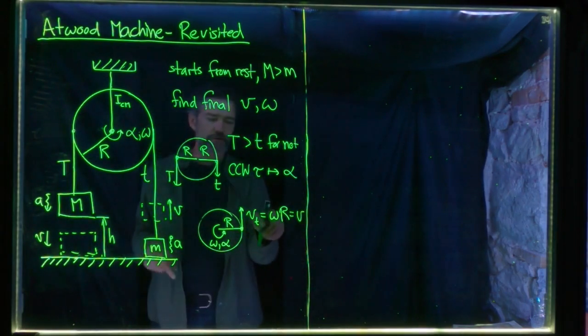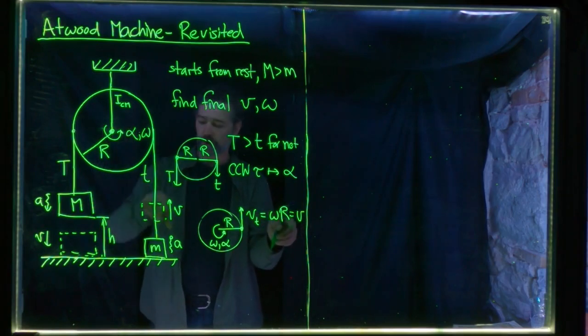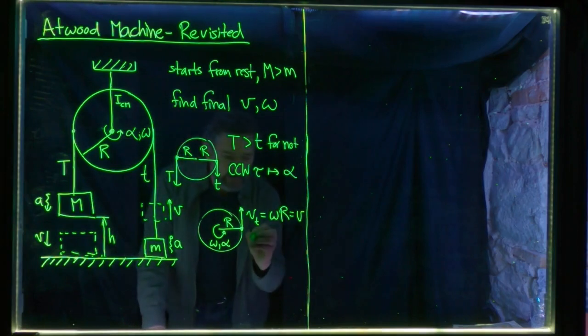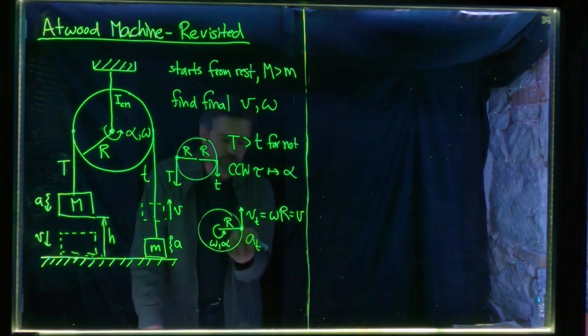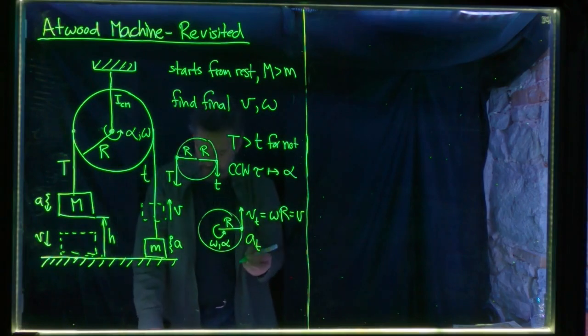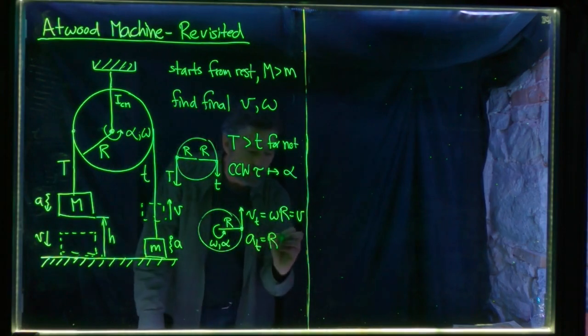So the angular velocity of the thing that's rotating here is equal to the linear velocity v divided by r. And similarly, the tangential acceleration, the meters per second squared of that point upwards, is equal to the radius of the wheel times the angular acceleration alpha.